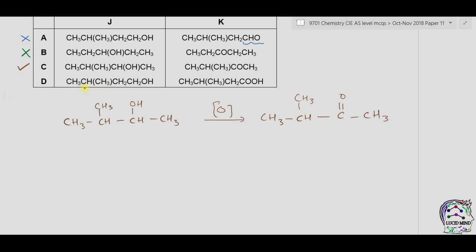Similarly, looking at D, we have CH3, CH, now this is primary alcohol and it should be oxidized to carboxylic acid. So the product formed is this one.